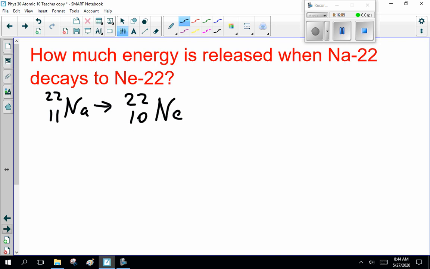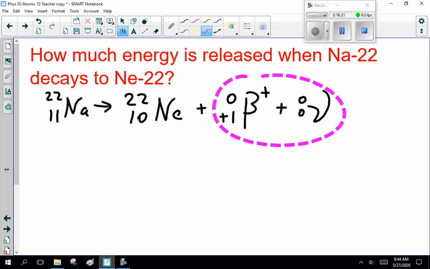Well, we've gone from 11 protons to 10, so we're having a beta positive decay and a neutrino is emitted. And as I said before, we ignore these. Okay, so how much energy is released? And then the next obvious question, what's the velocity of the neon gas?